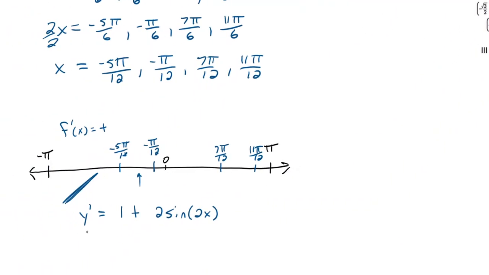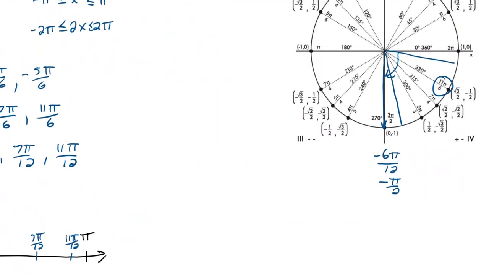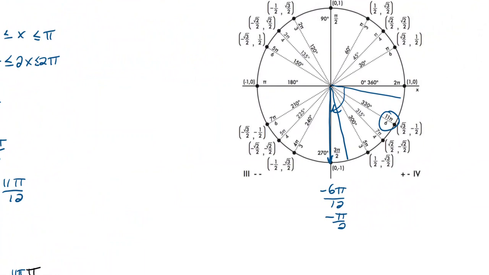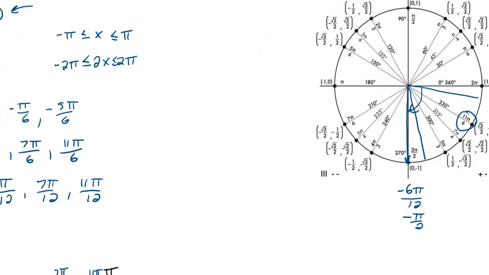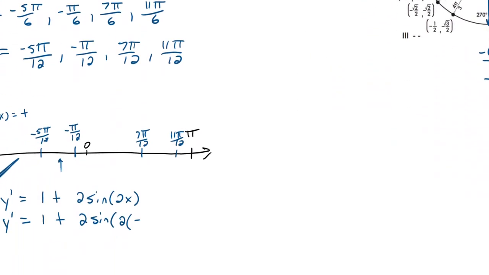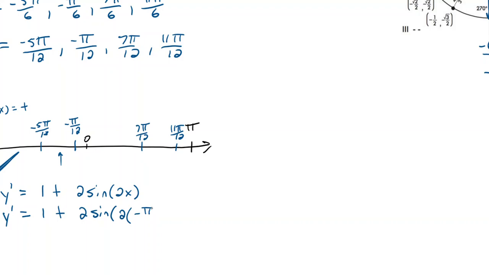At this point we can throw it in the calculator too: 1 plus 2 times sine 2, and then negative. Oh, not 11 pi over 6. You'd want negative pi over 6. It'd be the same thing, but yeah, negative pi over 6.